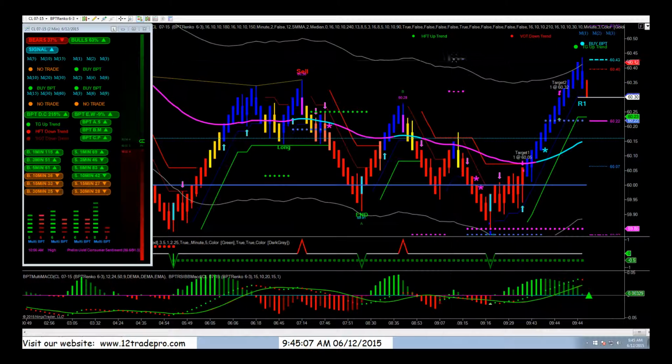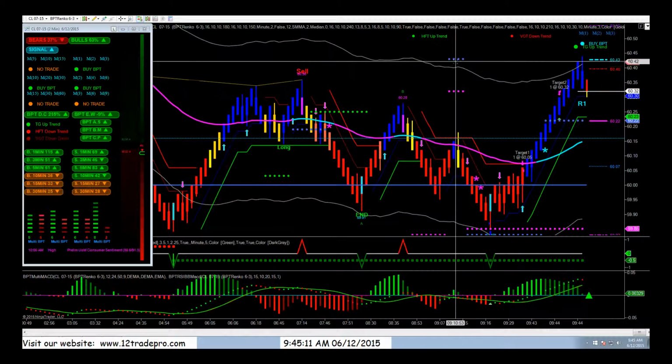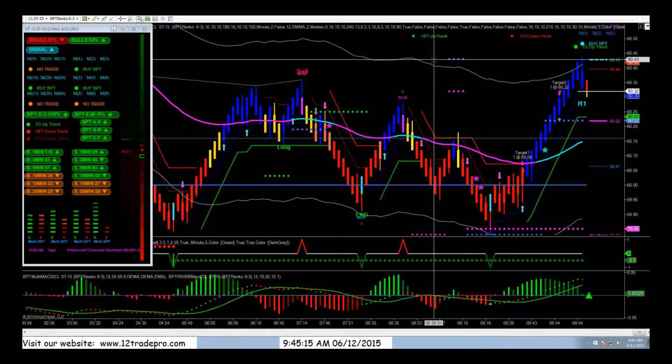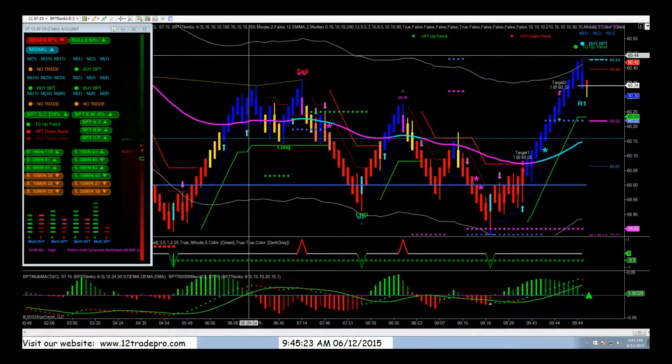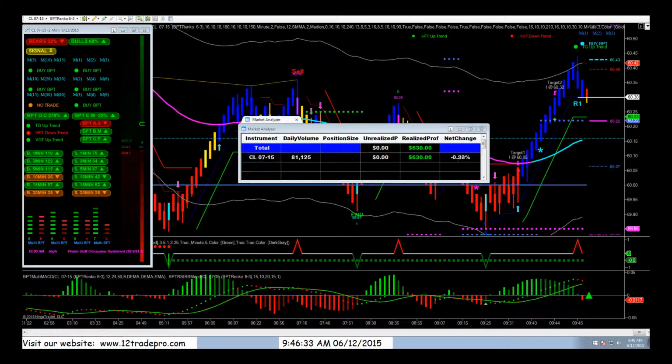Just because the resistance line stopped painting doesn't mean it's not there, and for some reason my eyes did not catch that, but you can see where the price went, and I was looking for it and didn't see it. But I'm happy with the profit I made. Let's see. Hold on. Okay, I made 63 ticks on 2 contracts long on the CL.